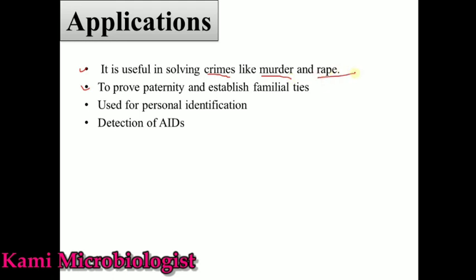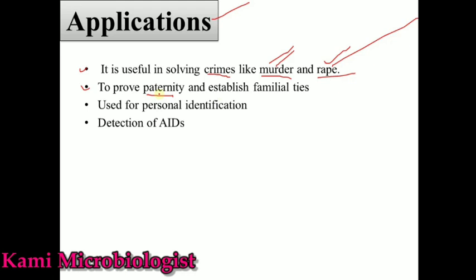Suppose someone is murdered or raped, we can easily identify which person is involved in the murder or in the rape case using the DNA fingerprinting technique. Using DNA fingerprinting, we can also solve the problem of paternity.